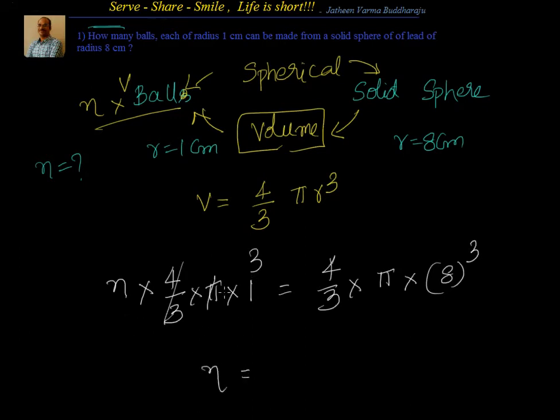We can cancel 4 by 3 and pi. We are left with 8 cube by 1 cube, which is 8 cube, that's equal to 512, because 8 8s are 64, 64 8s are 512. So we can make 512 balls each of radius 1 centimeter from a solid sphere of lead of radius 8 centimeter.